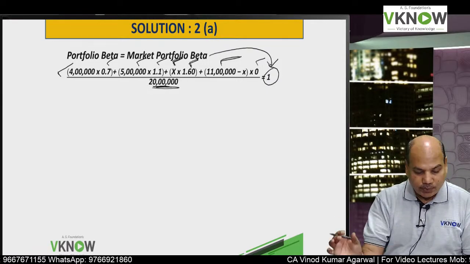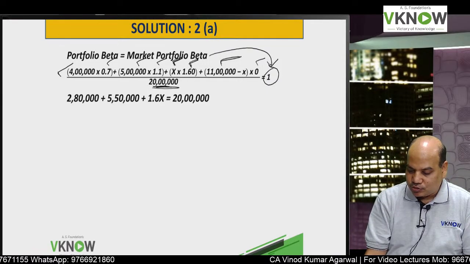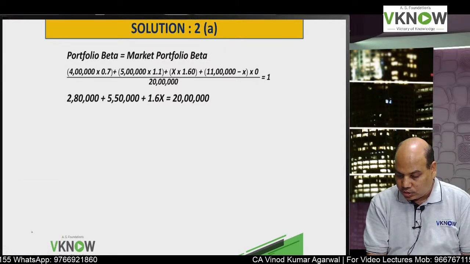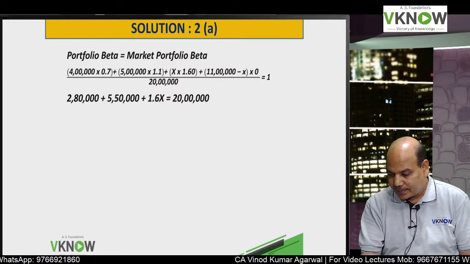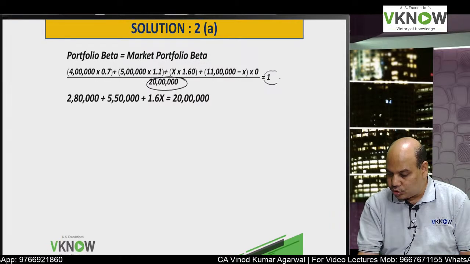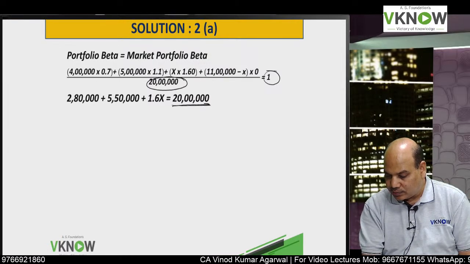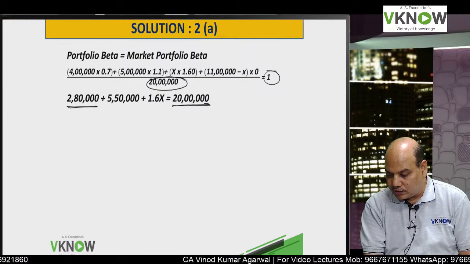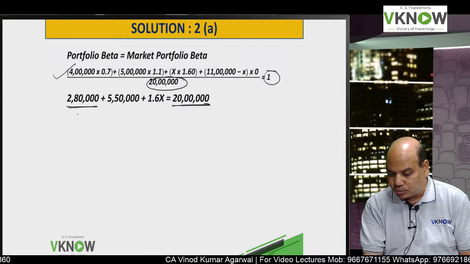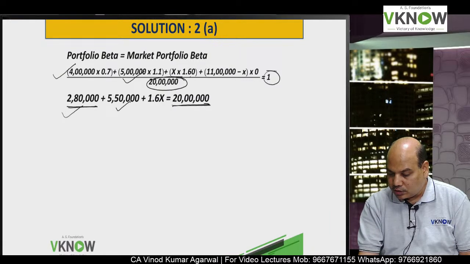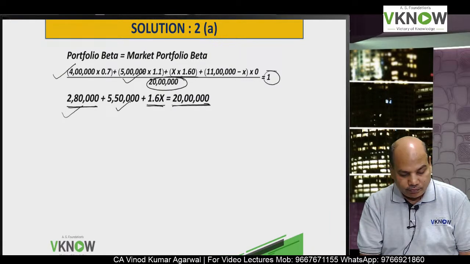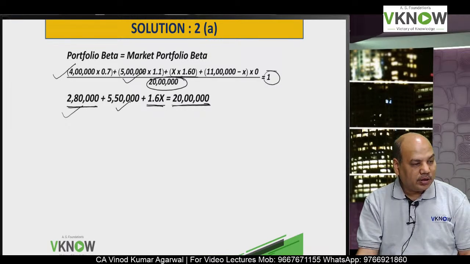Otherwise first you can compute their weights and then solve. So now you will solve this equation. 20 lakh into 1 is 20 lakh and the numerator is simplified now: 4 lakh into 0.7, 5 lakh into 1.1 and this is 1.6x. So can you solve and give me the value of x?